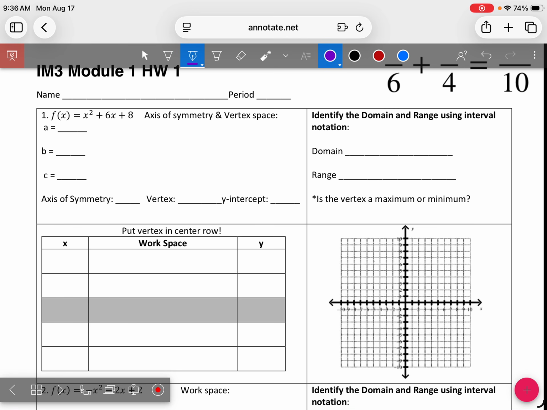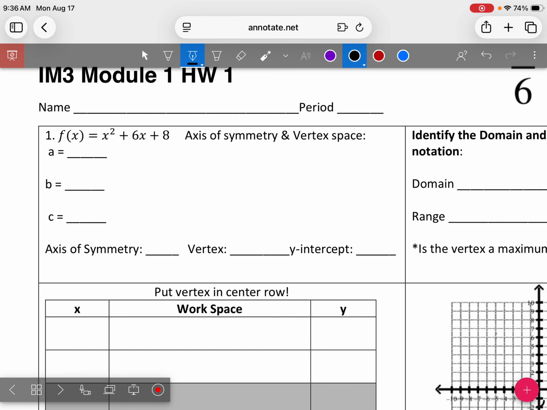All right, so let's go ahead and look at this one. So A, B, and C. We're just going to get this one started. A is 1, B is 6, C is 8. So we have X equals the opposite of B. So if B is +6, what am I putting in my formula? -6.